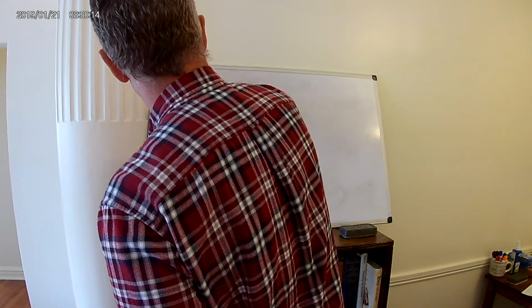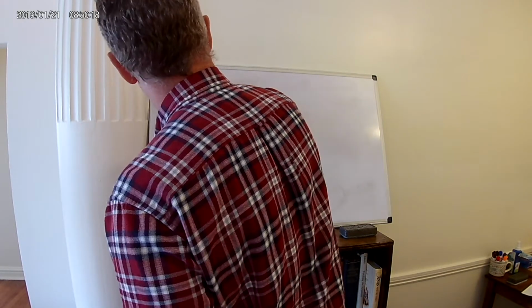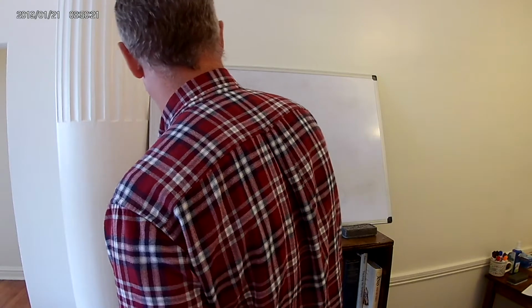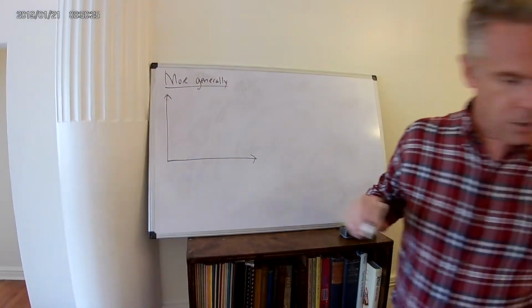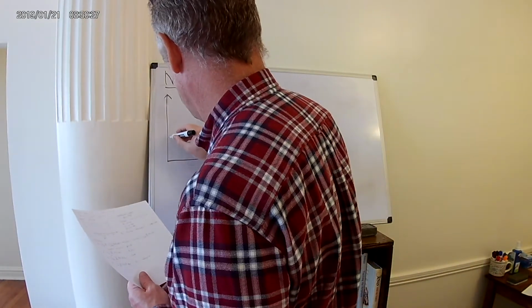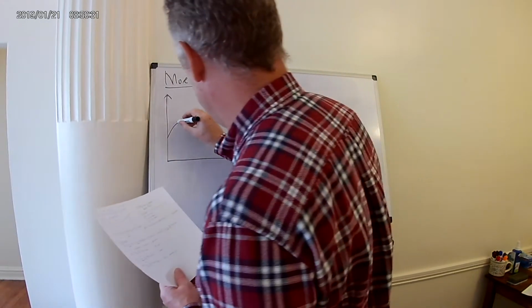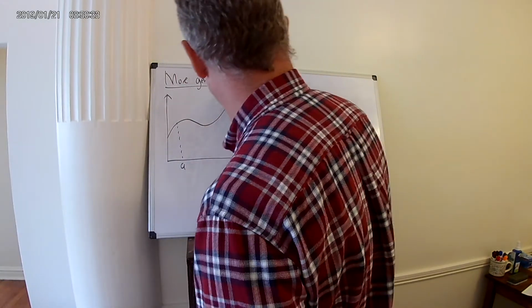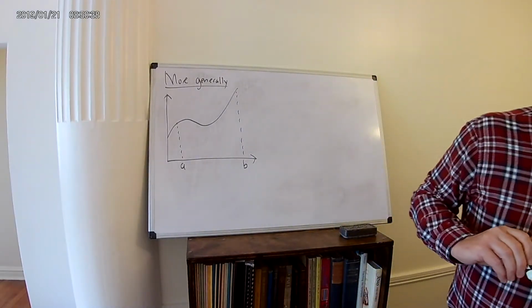So more generally, let's say we have some curve. And let's say it's some curve S. So let's say this curve goes like this, goes up like that. This is some curve. We've got 2 endpoints, A and B. And we're interested in the area between these 2 points.